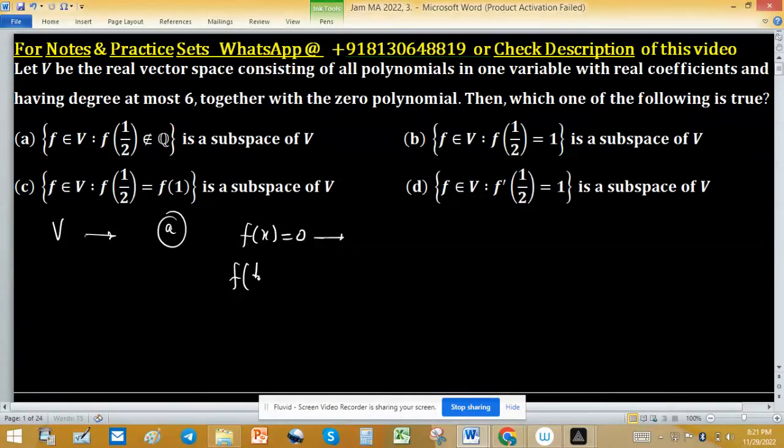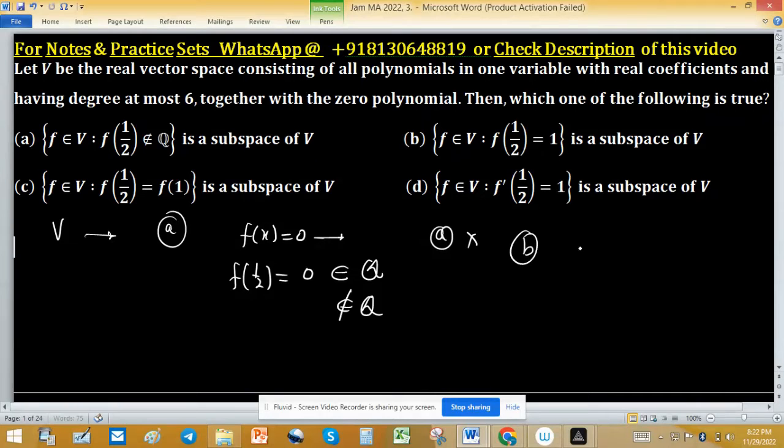So f(1/2) equals 0, and 0 belongs to Q, but the condition on the set given in option A is that it should not belong to Q. That's why option A is not a subspace.